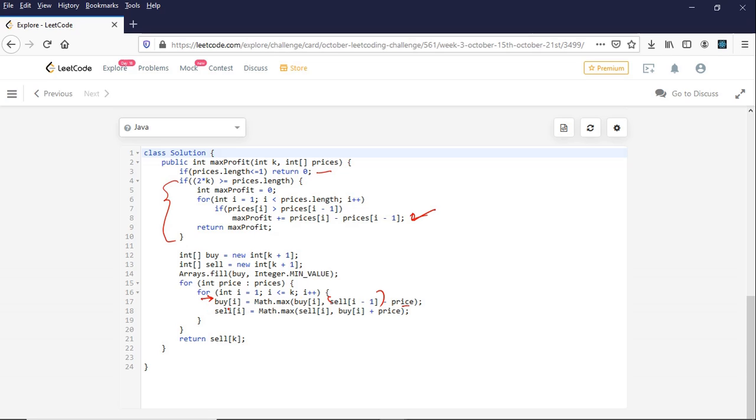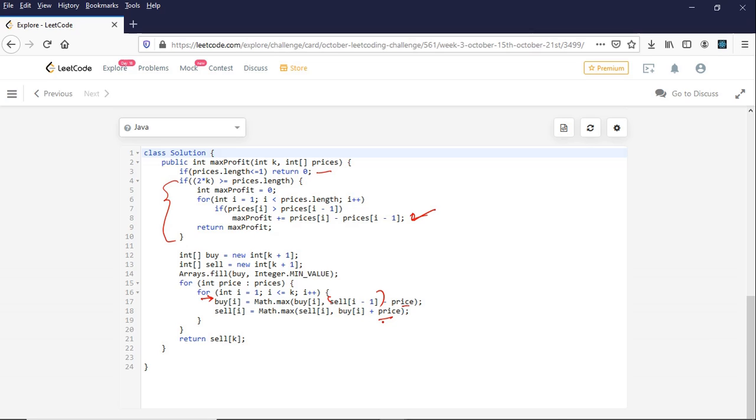So buy[i] is the best price at which I can buy till that point, and sell[i] is the best profit till that point where I can sell. So it is either I can keep the profit as is or I can sell at that point.